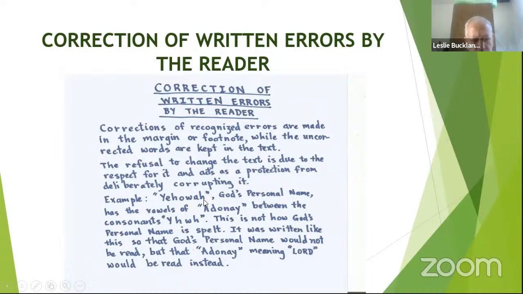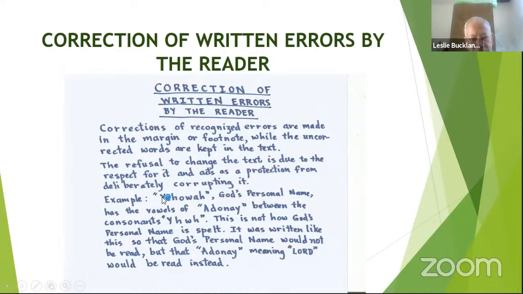Okay, so what the copyists did whenever they found any error in the text, they left the error in the text because they didn't want to set up a precedent or set an example for others to follow of changing different words in the text itself.